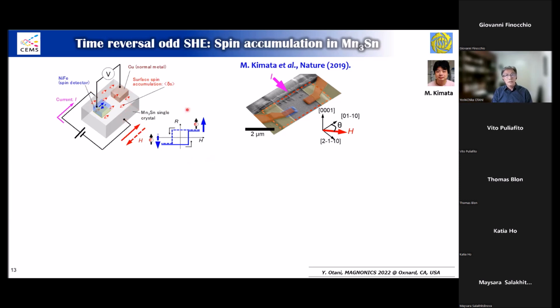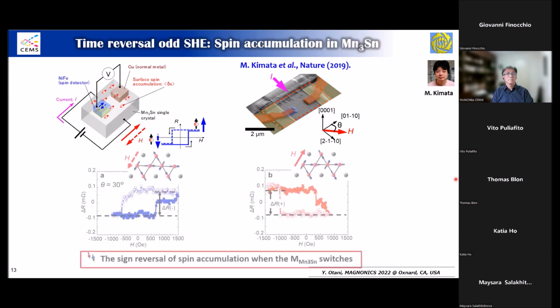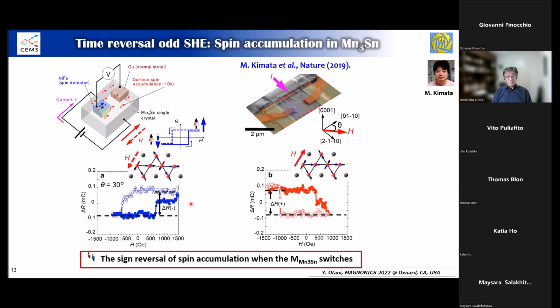If we measure the chemical potential, we can expect to see this kind of hysteretic behavior. All the samples were fabricated using the FIB method, and lithography allowed us to set the electrodes like this. We did experiments, and surprisingly, as we expected, a hysteretic response was observed here.